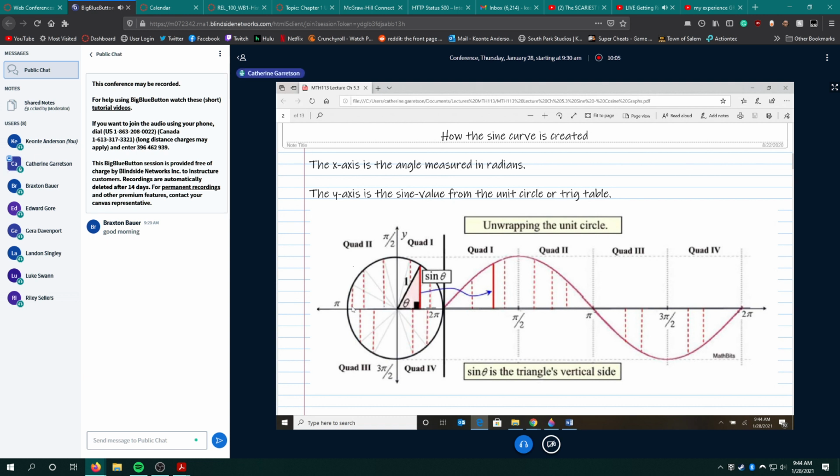Now, if you were to come over to here, when the angle's pi, the y coordinate there was 0, because this was the ordered pair negative 1, 0. So they graphed the y coordinate, and so at pi you are at 0. Now when you come down to 3 pi over 2, that terminal point there would be what? 0, negative 1.